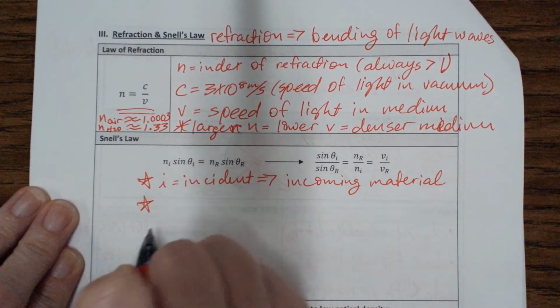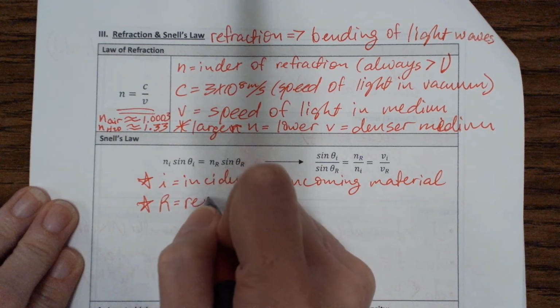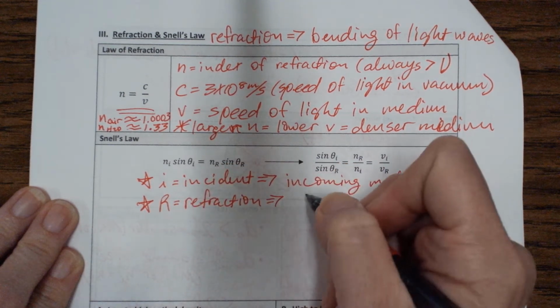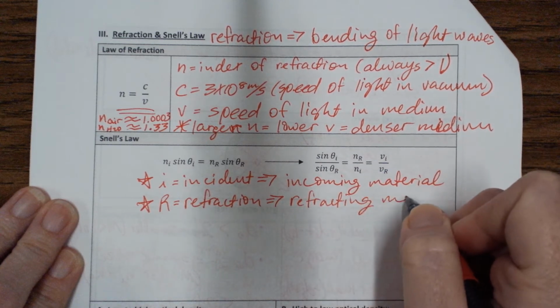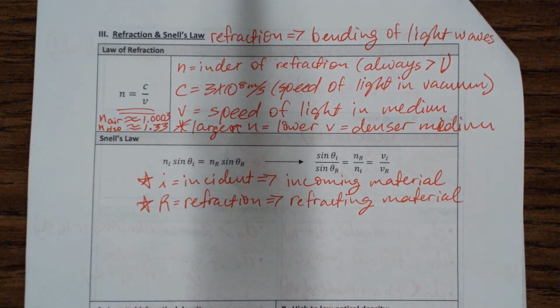And the r is refraction, so this is the refracting material. It's changing speed, therefore the object will look a little different.